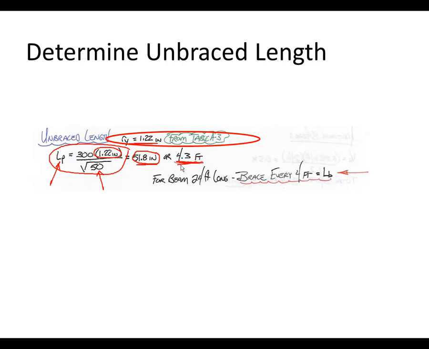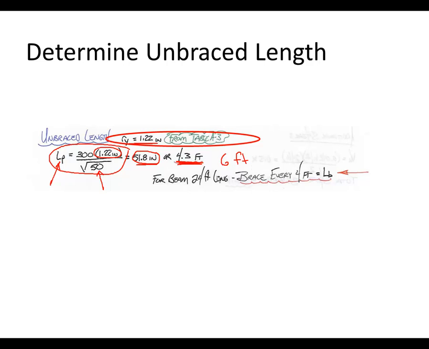And recall at the very first of the problem, they actually braced it every 6 feet. And so they actually didn't brace this problem sufficiently to meet this true plastic hinge failure. That doesn't mean that the beam is not going to work. It just means the beam is not being as efficient as it could be when it comes to the plastic hinge failure mechanism.